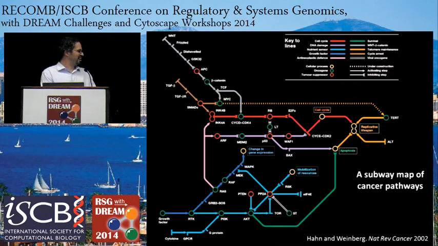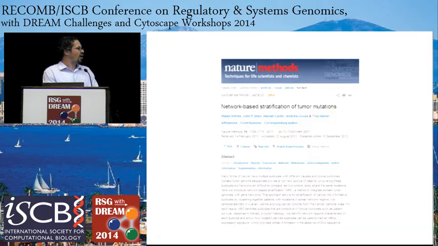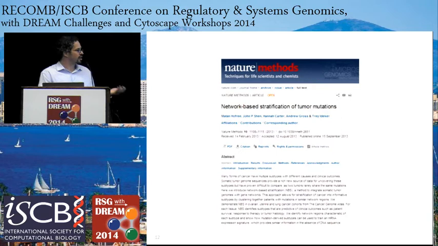So this is a nice illustration showing prominent cancer-causing mutations in the form of a subway map. We were curious how would we use this to basically inform on subtype discovery, and we published this method nearly a year ago in Nature Methods.